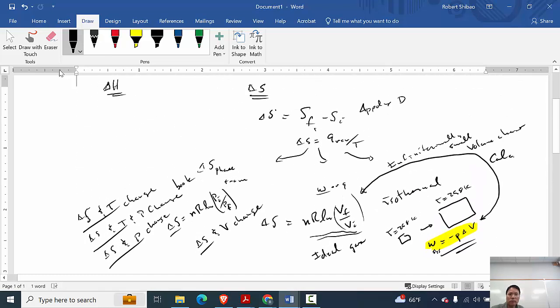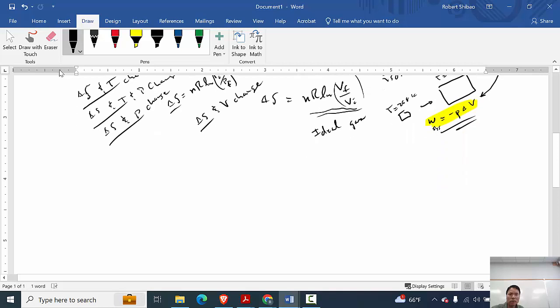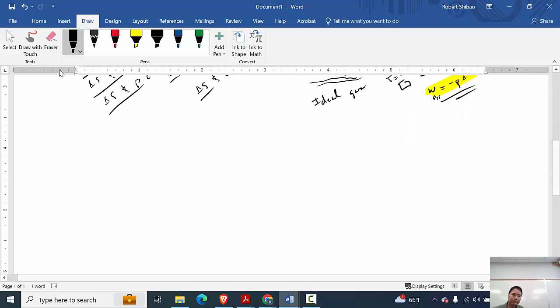And then, of course, we had the Boltzmann equation, too. Delta S is equal to k, the Boltzmann constant, so we'll call it kB, ln W. That's another way we can calculate it.